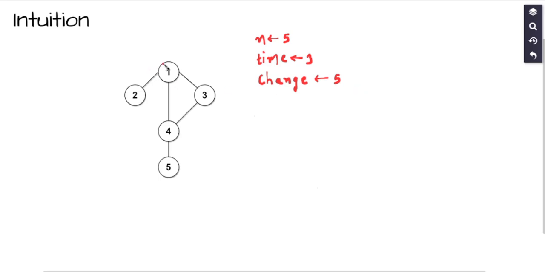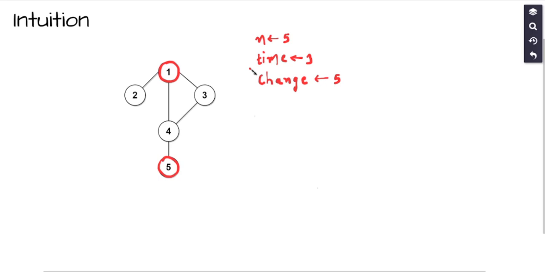One thing is that we are starting from node number 1. This is my source node and I want to reach this target node. The edges of the graph all have the same weight, and we want to find the shortest path somehow.